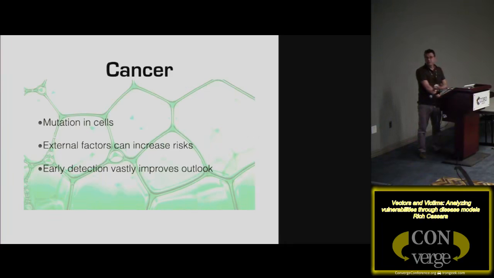Some cancers are just going to happen, and there's nothing you can do. There are some that are exacerbated by external factors, obvious examples like lung cancer for smokers. But the sooner you know that there is a cancerous mass, the better the outlook is at getting it cleared out and having a normal rest of your life.